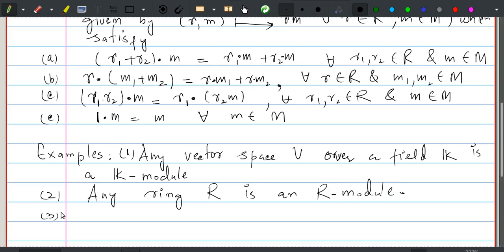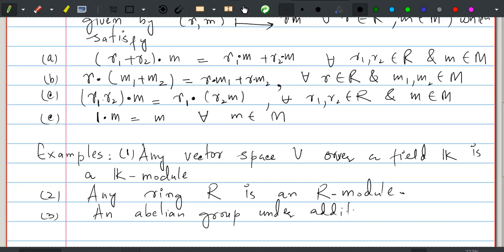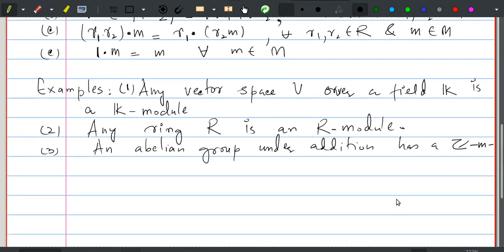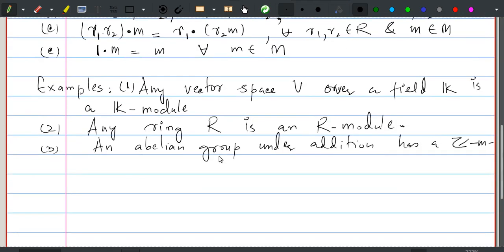Now if we consider any abelian group under addition, it has a Z module structure, where Z is the ring of integers.